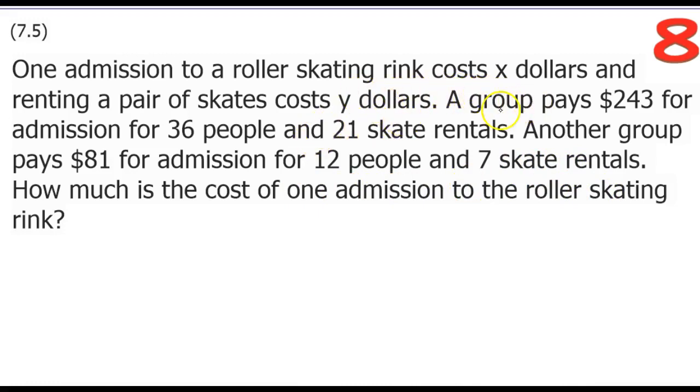Well, if we take a look at this first group, they're paying $243 for admission for 36 people. We say that one admission costs X dollars, so 36 times X, plus 21 rentals that cost Y dollars, so 21Y.